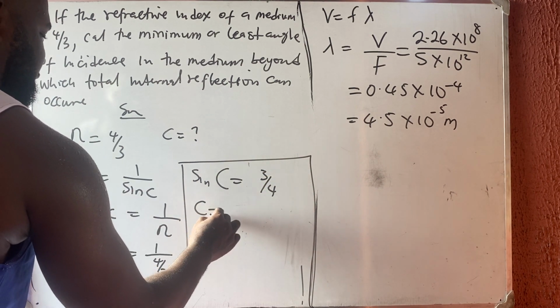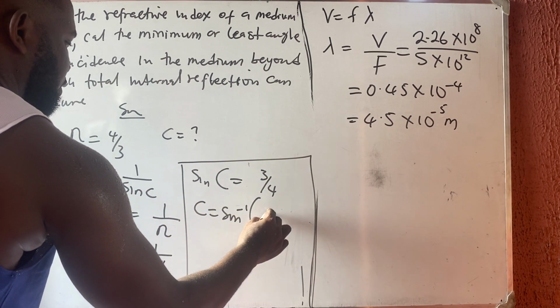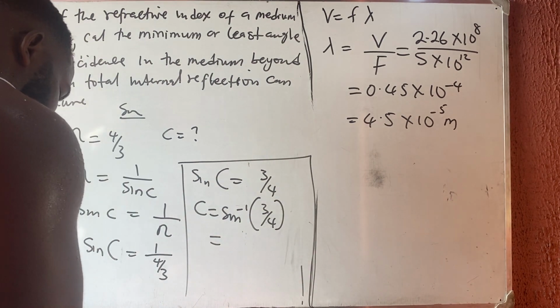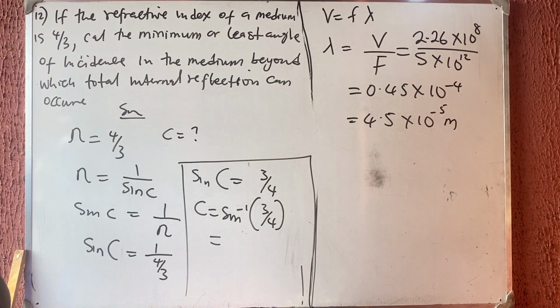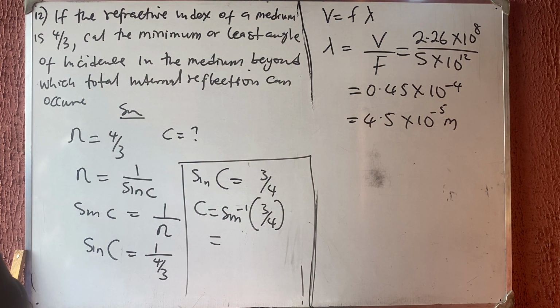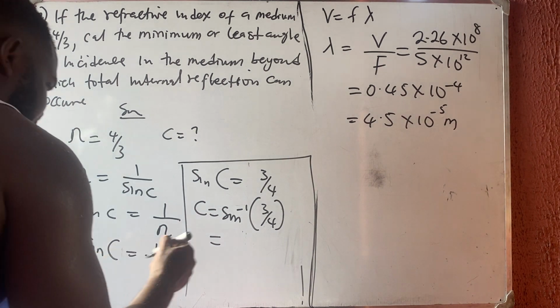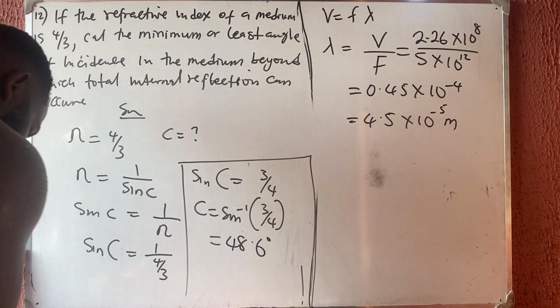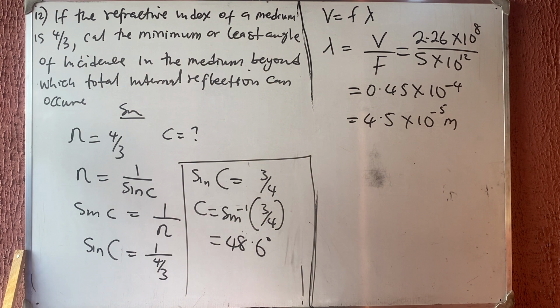So my C will now be the sine inverse of 3 over 4. Shift sine 3 over 4, and you're having 48.6 degrees, approximately 49 degrees.